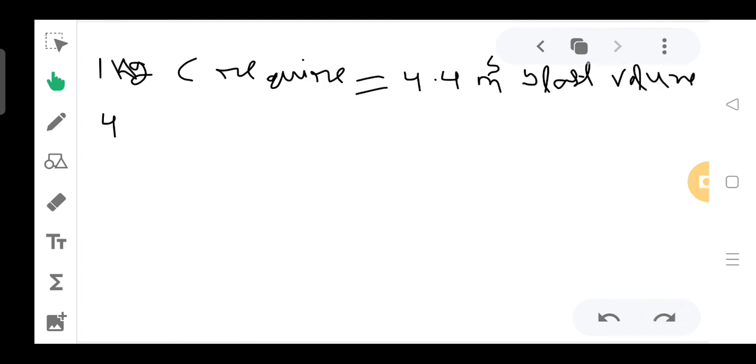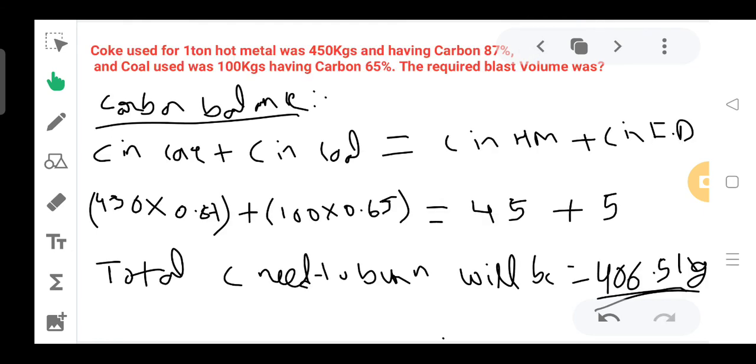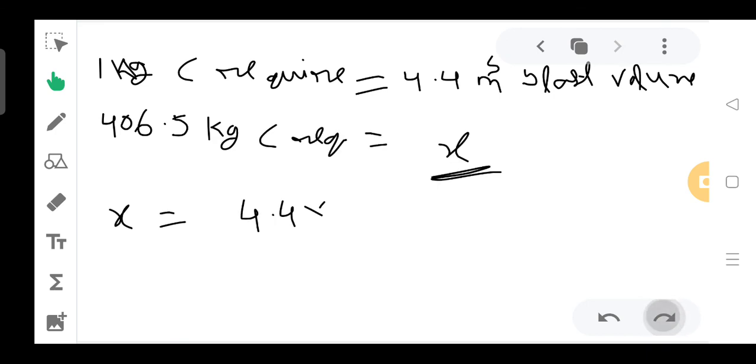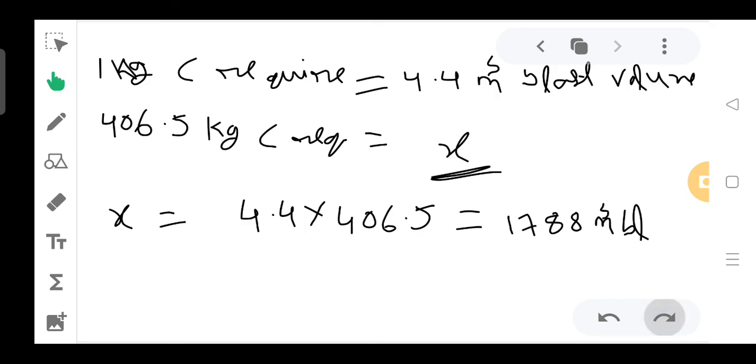Here we require to burn 406.5 kg, so this 406.5 kg will require almost 1788 meter cube of blast volume to produce 1 ton of hot metal.